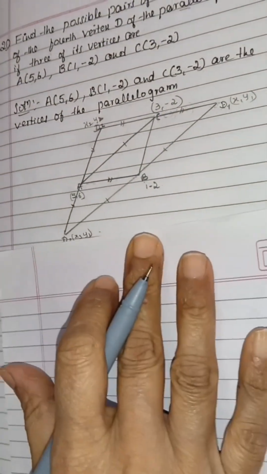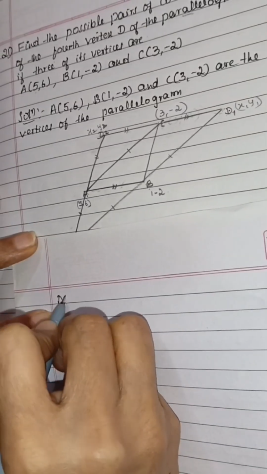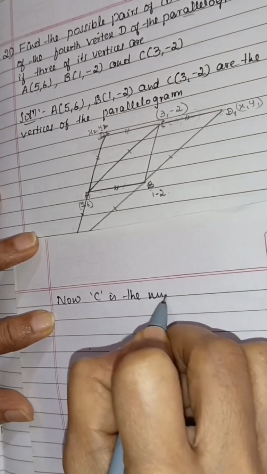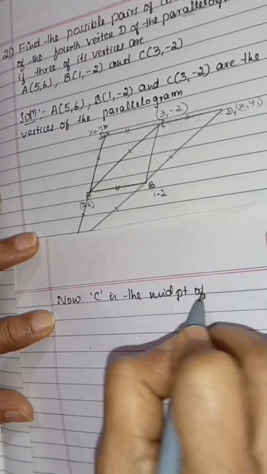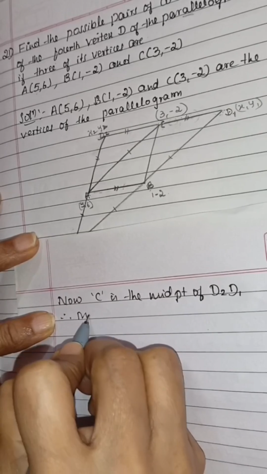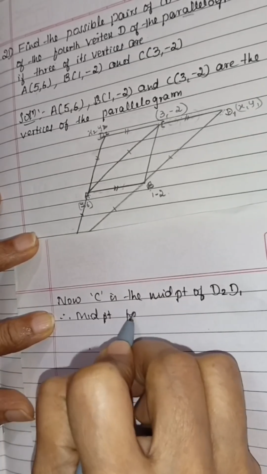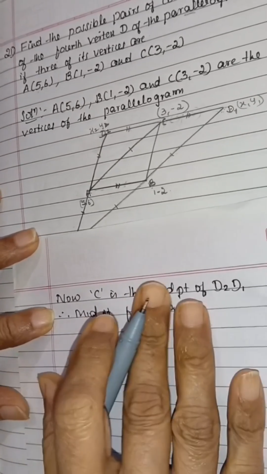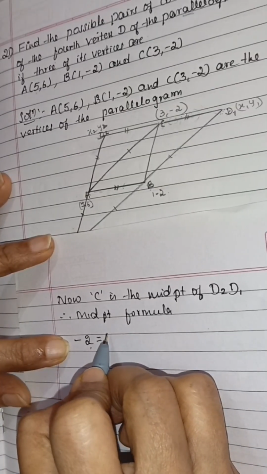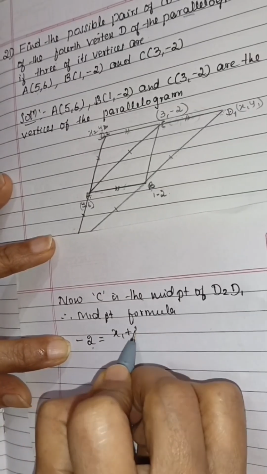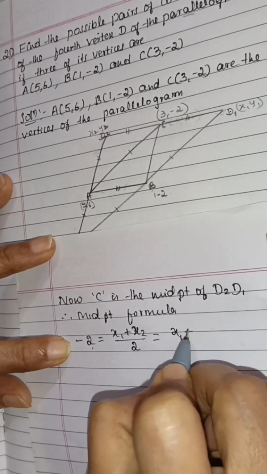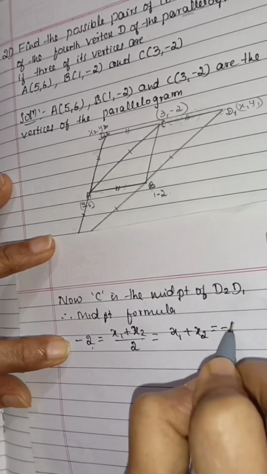Now C is the midpoint of D1 and D2. Therefore, by the midpoint formula, the y coordinate is minus 2 equal to x1 plus x2 divided by 2, that is x1 plus x2 equal to minus 4.